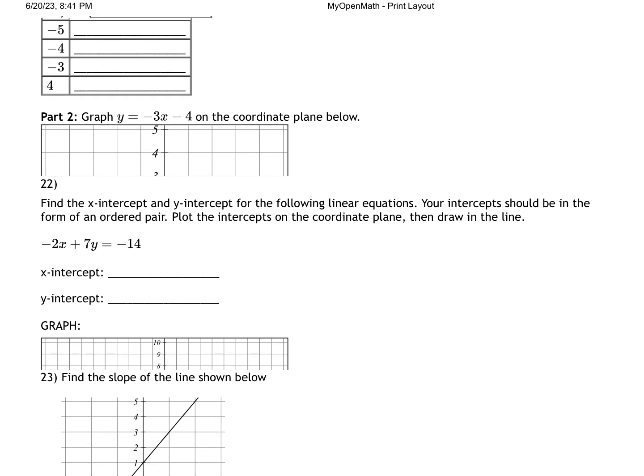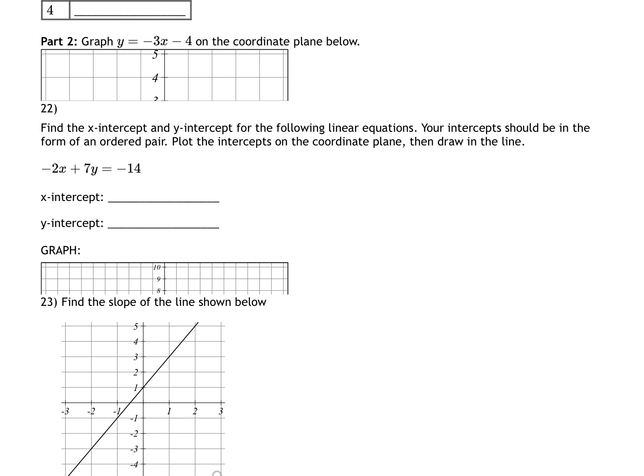Find the x and y intercepts for the following linear equations. Remember, for your x-intercept, you let y be 0 and solve. For your y-intercept, you let x be 0 and solve. So -2x plus 7 times 0 equals -14.